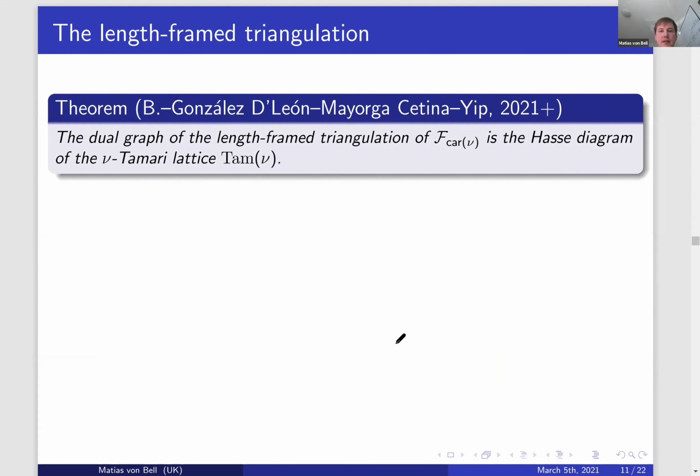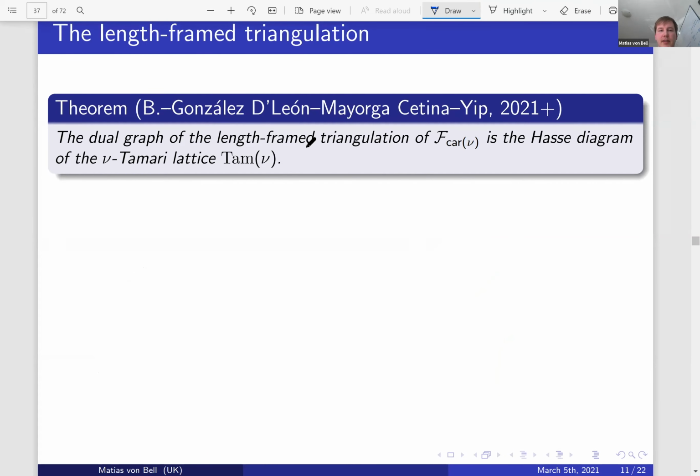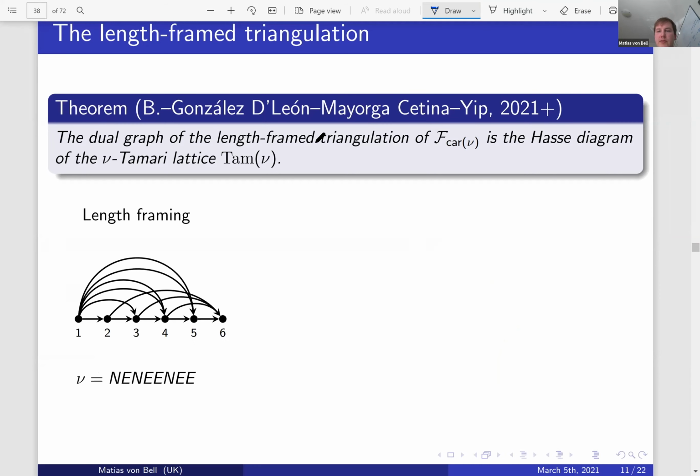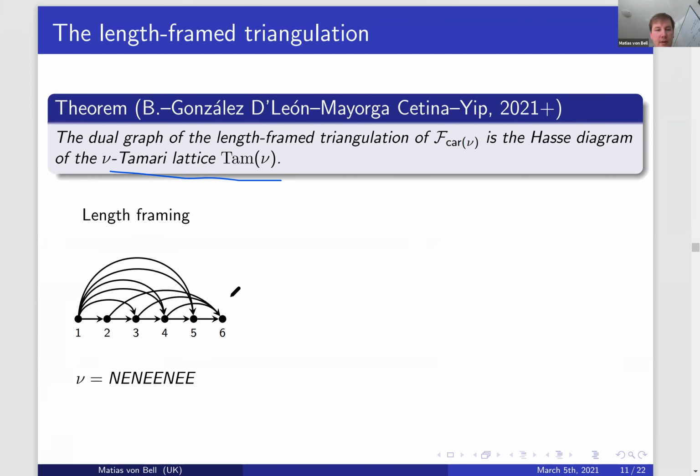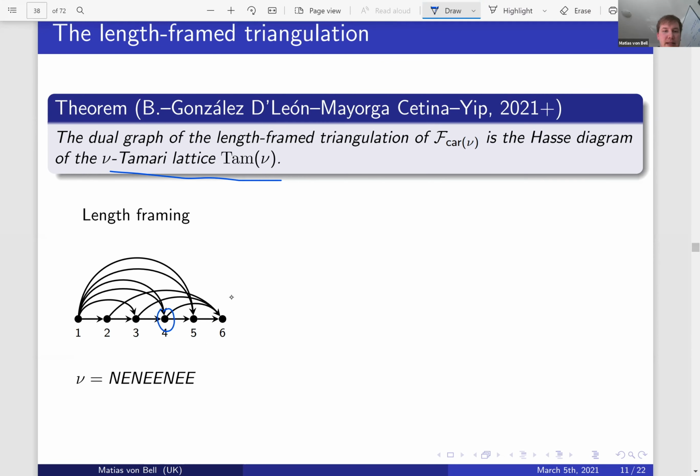But then the next framing that we looked at was the length framing. That one gave us the dual structure of the Hasse diagram of a nu-Tamari lattice. The length frame is also a very natural framing on the nu-caracol graph. If we look at 4 again here, just ordering these by length, the longest one is on top, 1, 2, and then 3.